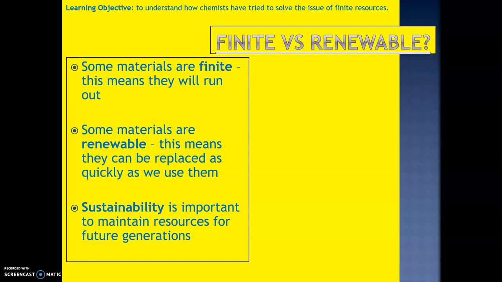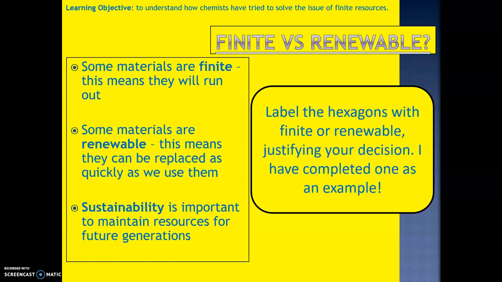So using the light for solar energy, wind, and tidal waves for tidal power as well. And third key point, sustainability is important to maintain resources for future generations. Sustainability just means to use what we have according to our needs and not our wants, so that it can be used in future generations.